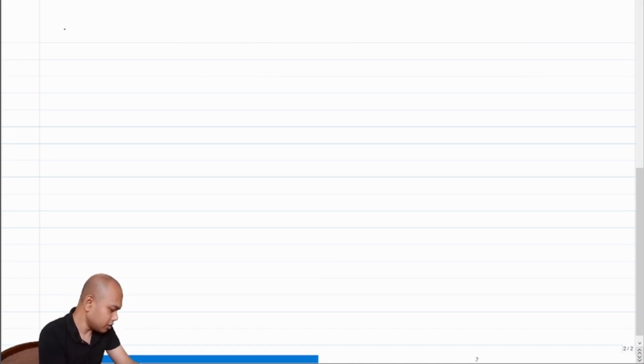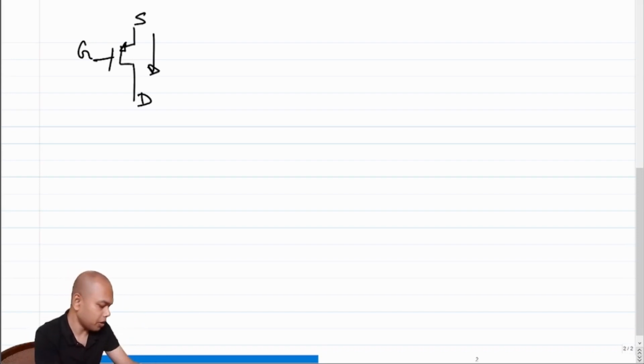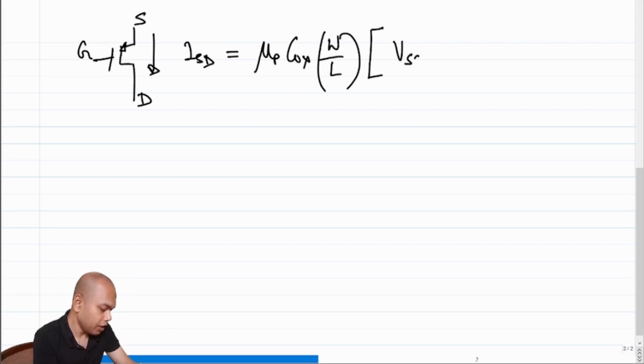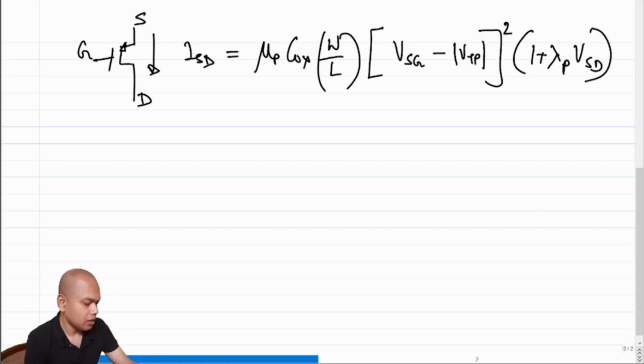And what were the characteristics of the p-MOSFET? The current that flows from the higher potential to the lower potential, that is ISD, in saturation is equal to mu p times Cox times W over L, where mu p is the mobility of the carriers, which is hole in this case, times VSG minus mod of VTP, whole squared, times 1 plus lambda p VSD, right?